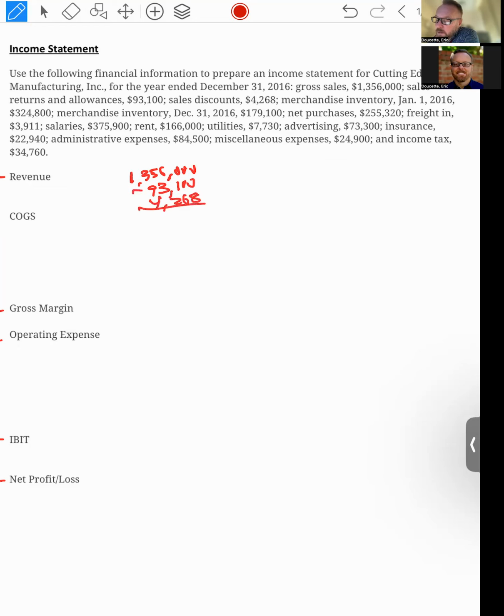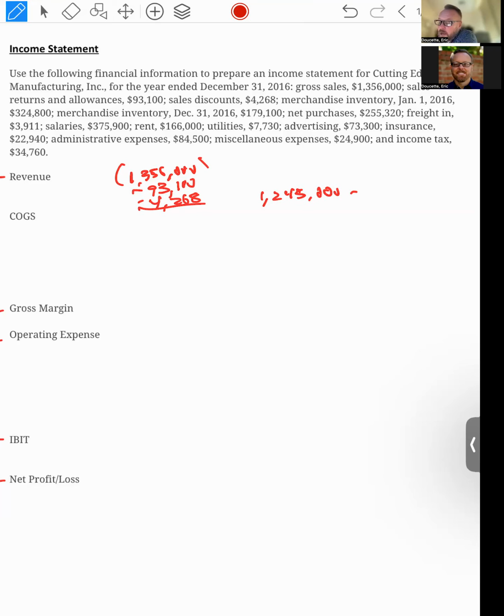So I would subtract these from this, and that would give me a total revenue after those deductions of, I didn't do the math on it, so let's just say it's roughly about 1.245 million.